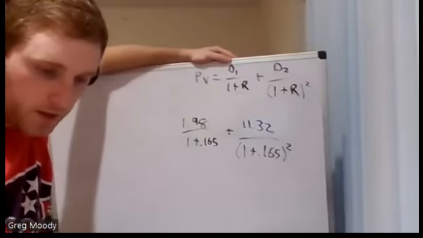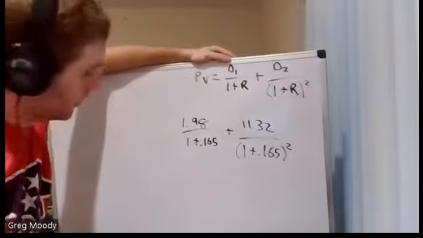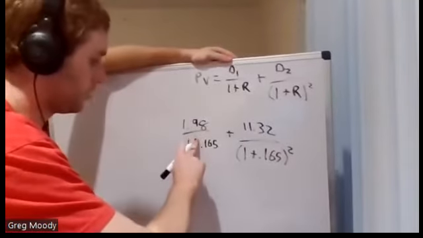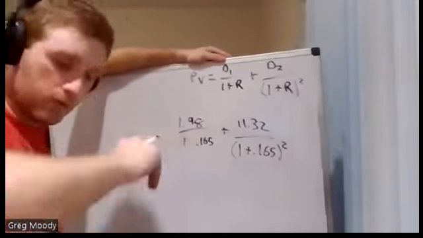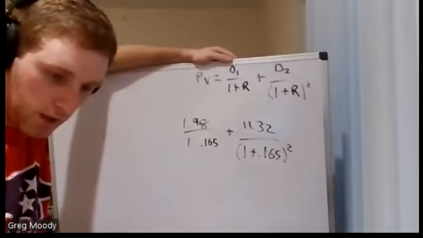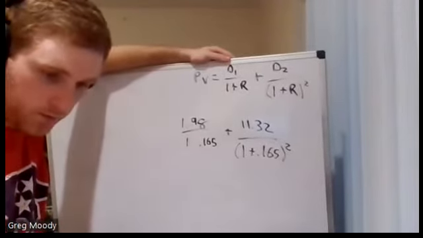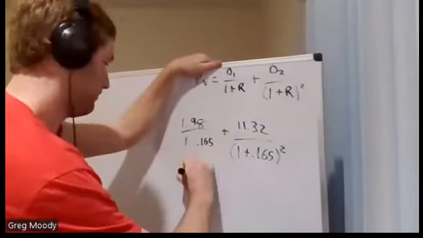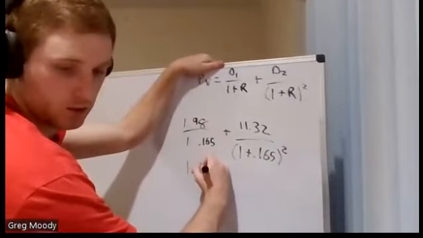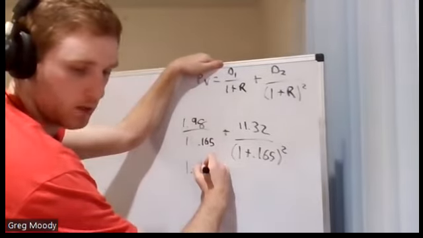Then we simplify these down. So this will just be 1.165. We'll do 1.98 divided by 1.165, which gives us 1.6995.